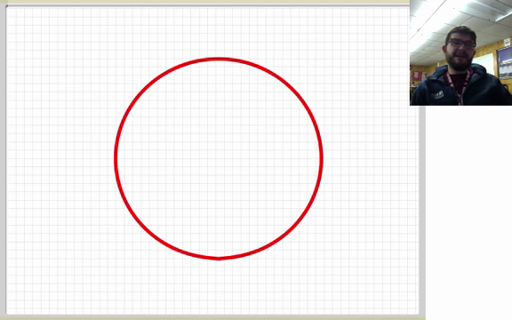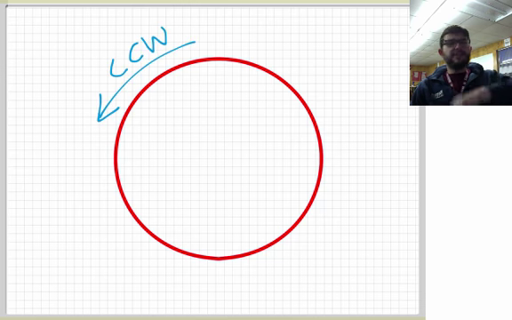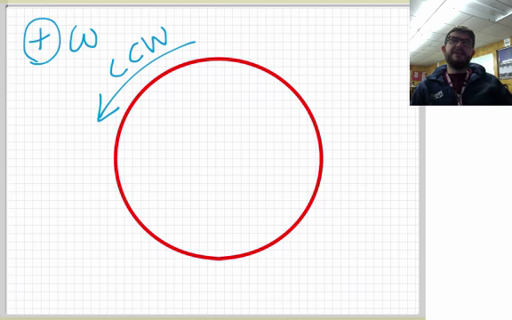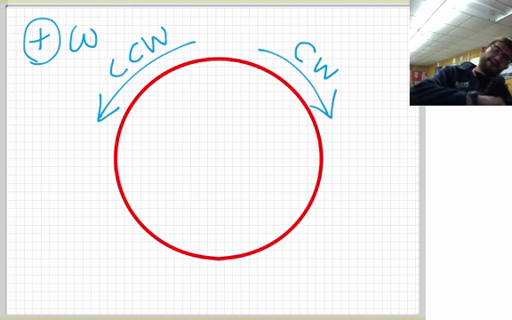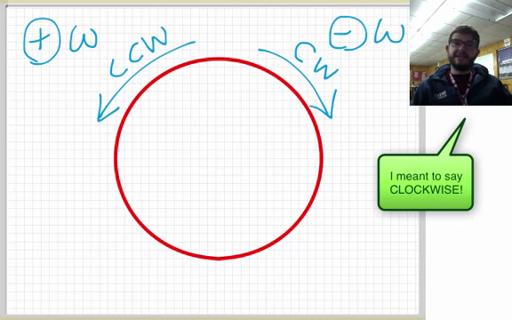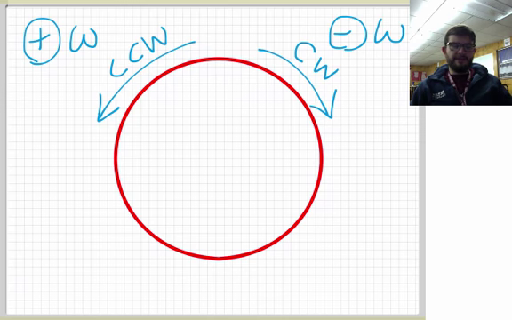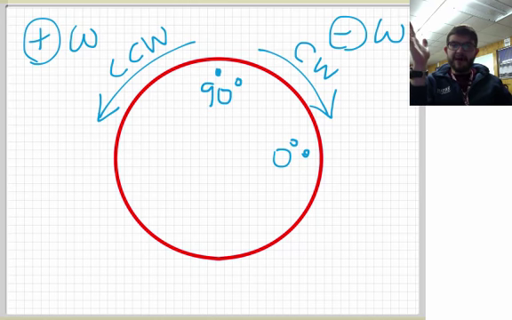Okay, another thing about angular velocity is sign. If my circle is spinning counterclockwise, then the convention is to have it be a positive angular velocity. Whereas if I'm moving clockwise, the convention is to have a negative angular velocity. And that's primarily based on the way that we measure angle, because usually we start out over here as 0, and then we say this is positive 90.